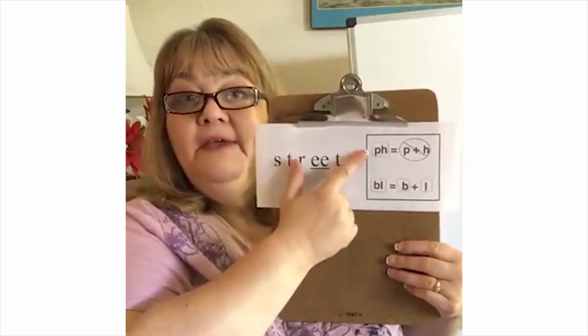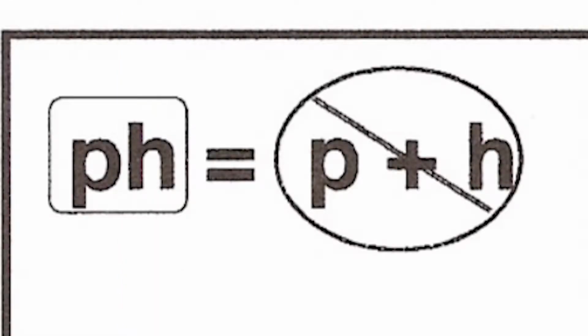But let's take a look at this. Absolutely nothing about the letter P or the letter H will give you a clue that together they will say F. So we have to teach those as a unit. This is a multi-letter phonogram unit that we will call the 2-letter F. When I'm working with older kids, I actually teach them this is the Greek F. That's because anytime you have a word that has this letter combination, it's coming from the Greek language.